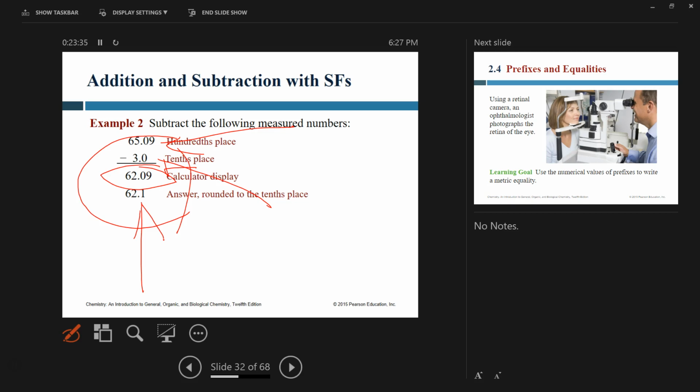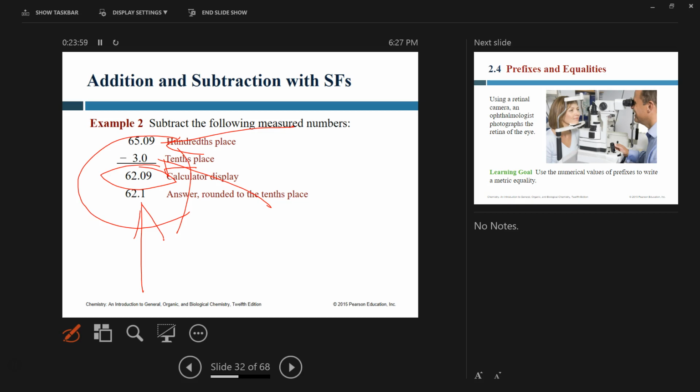Any questions on the sig figs? Significant figures. So on the exam, you're going to have questions not so much calculating something, but more of, I give you a sum of 3 numbers.